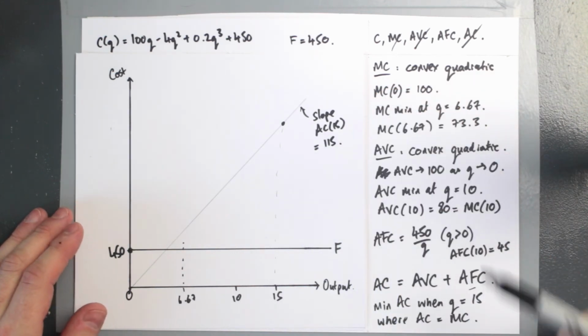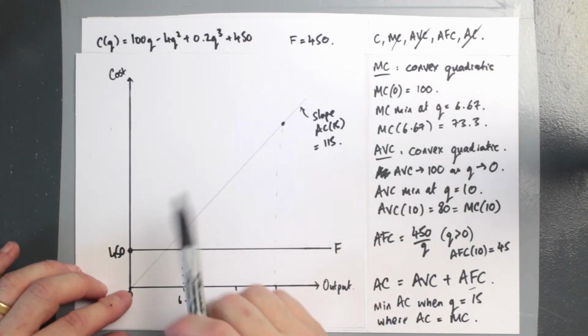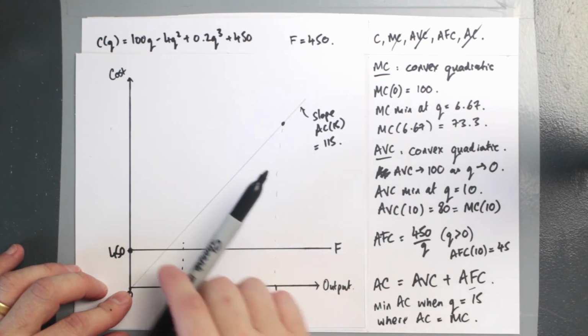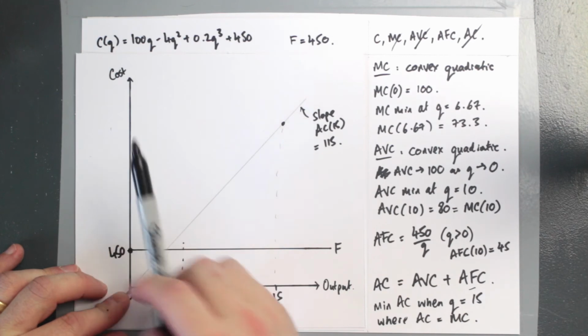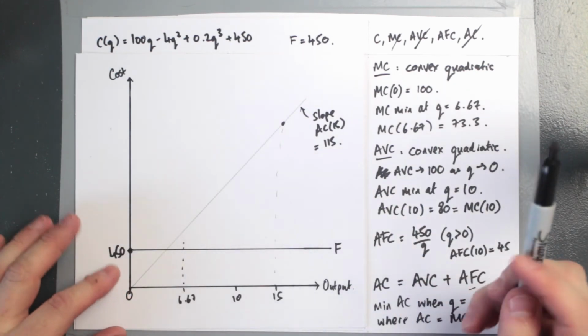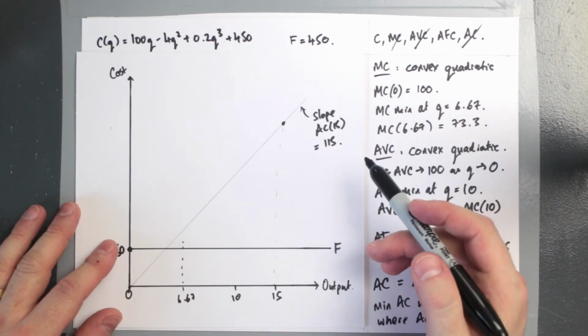So that's the minimum average cost. So if I'm connecting the cost function back to the origin with a line, it always has to be above this line. So that's going to help us as well.